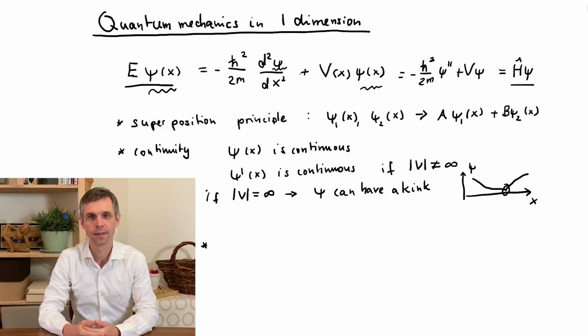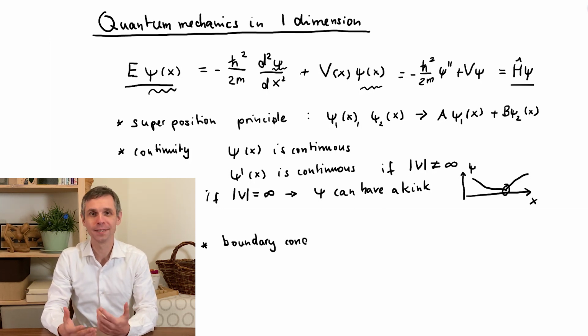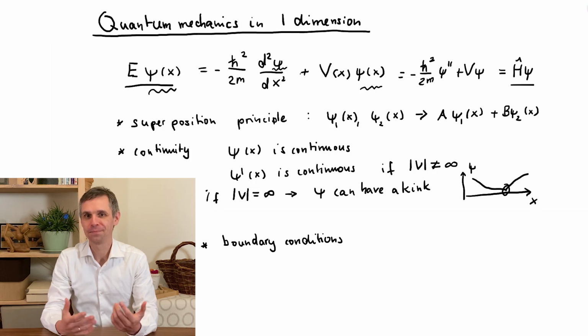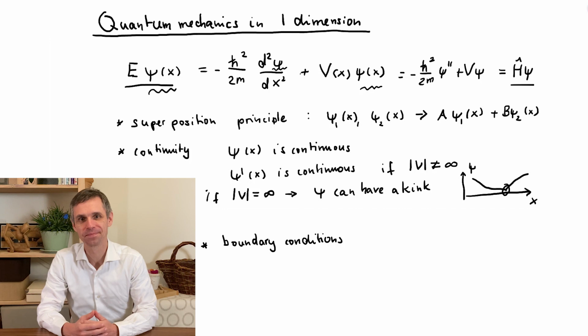So let's look at one more general feature, and this is actually using the physical interpretation of the wave function that we are aiming at, which on the mathematical side concerns the boundary conditions. As I said before, we start out with a differential equation, which in principle has two independent solutions, but in many cases these solutions will not be the ones that we can allow for physically.